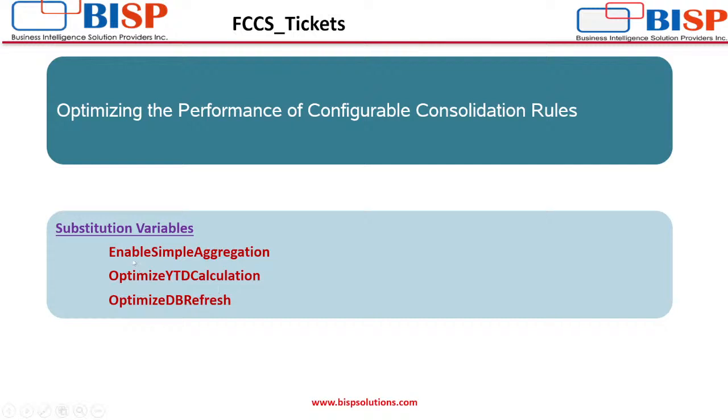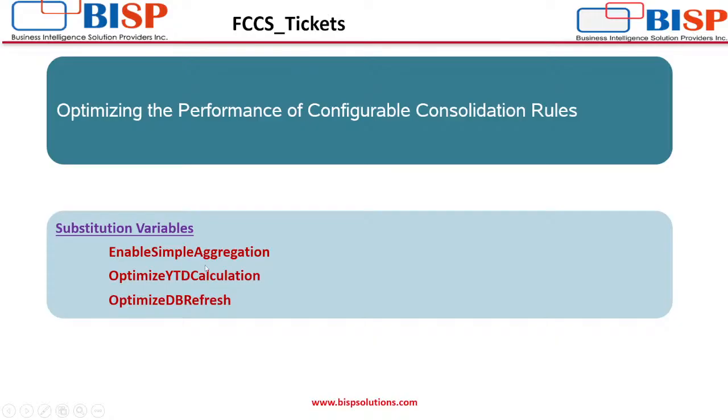Enable simple aggregation and optimize YTD calculation we will use simultaneously, because using these two at the same time will provide a better result. And secondly, we will optimize the third substitution variable, optimize DB refresh.